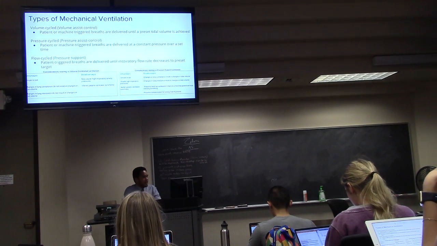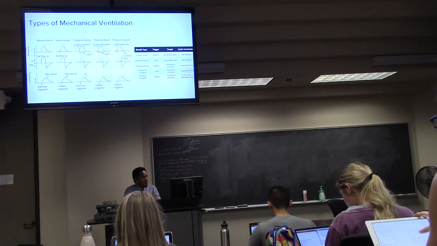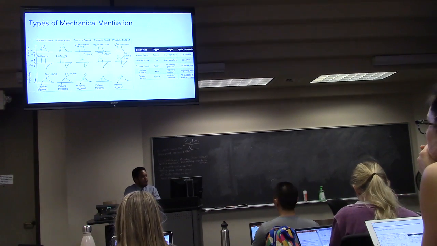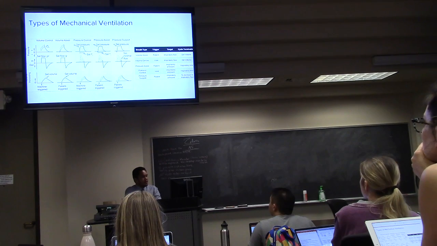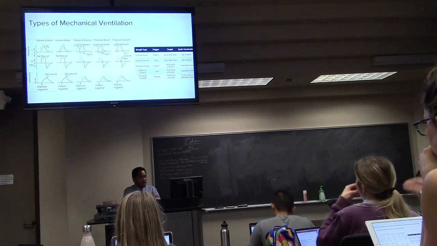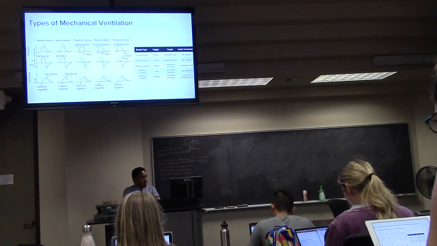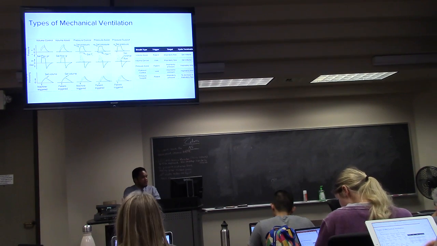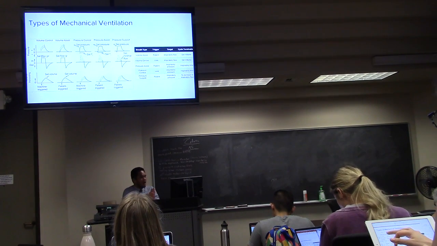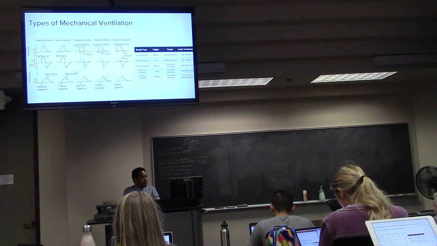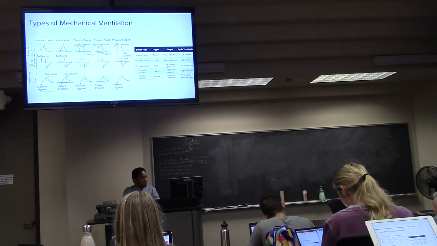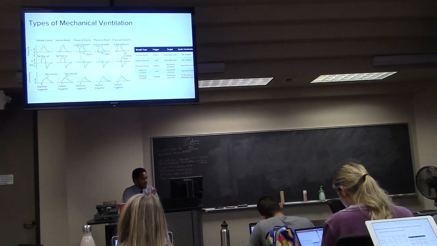So, types of mechanical breaths. Volume control is whenever the patient is apneic and they're not triggering any kind of breath at all. So the machine will deliver a breath, and that's called control. But if the patient is able to trigger a breath, then the machine will recognize that breath and deliver the volume that you set.